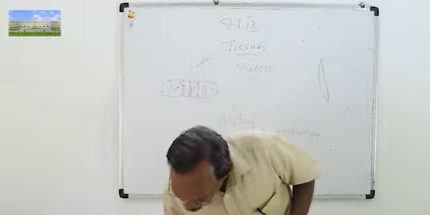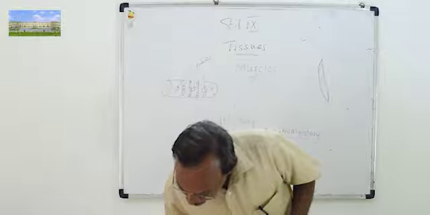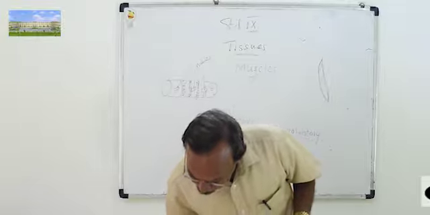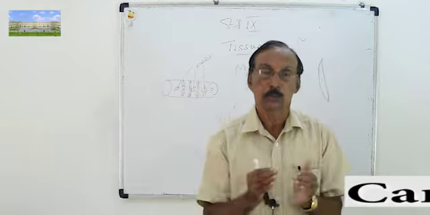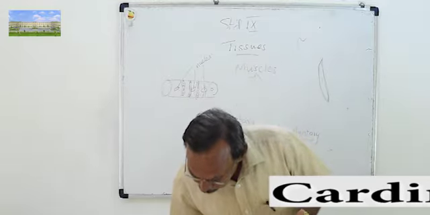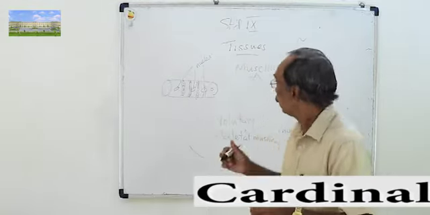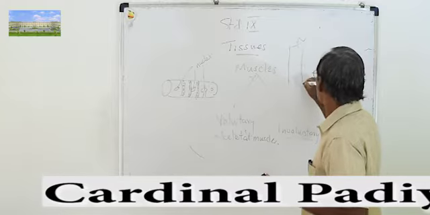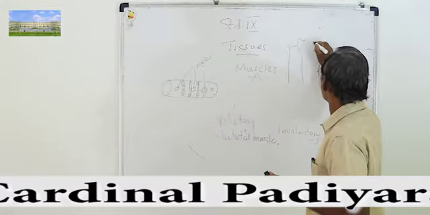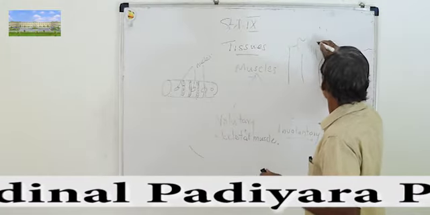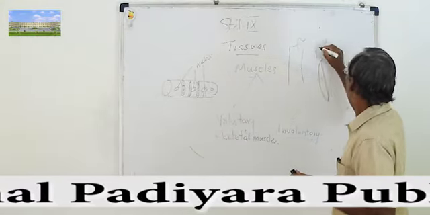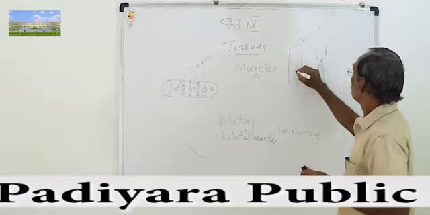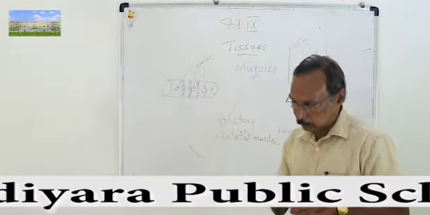That is cardiac muscle. Diagrams are given. A diagram is there showing the branch union and nucleus, so branches will be there. You can see the diagram in the textbook.